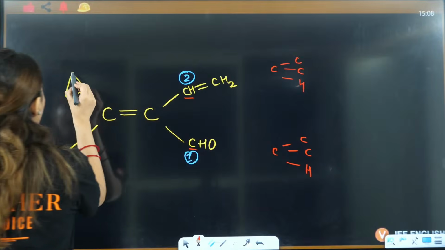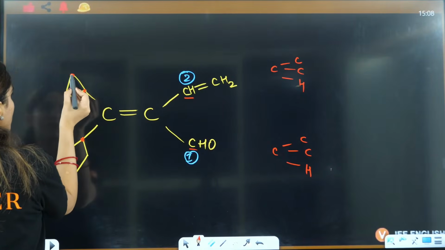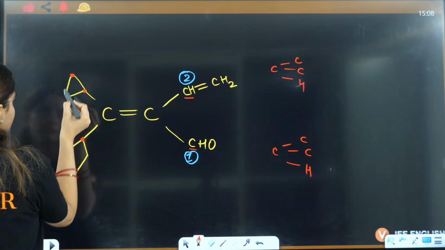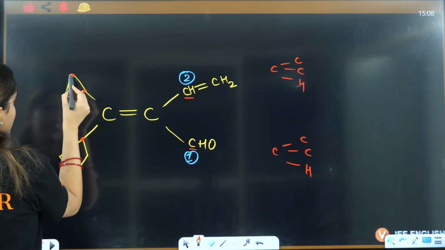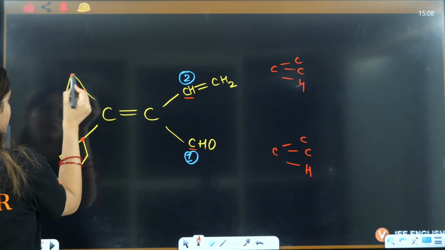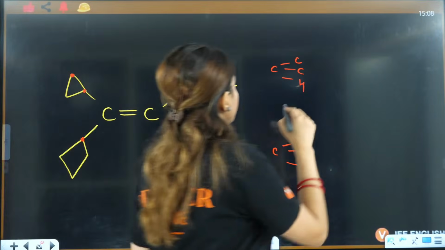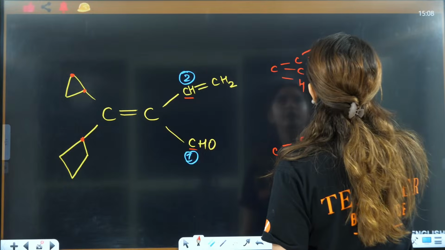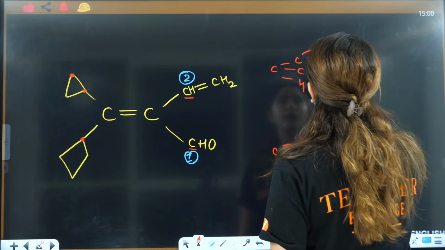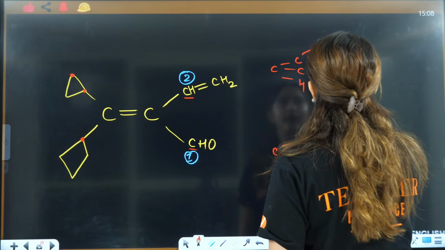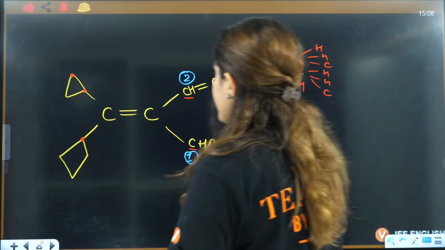So the 2 carbons that you have here are also connected to further 1 carbon, right? This carbon is connected to 2 hydrogens and 1 carbon. This carbon is also connected to 2 hydrogens and further carbon, right?